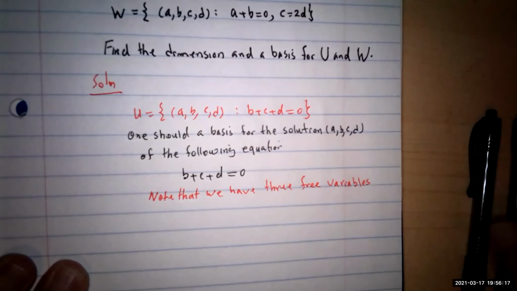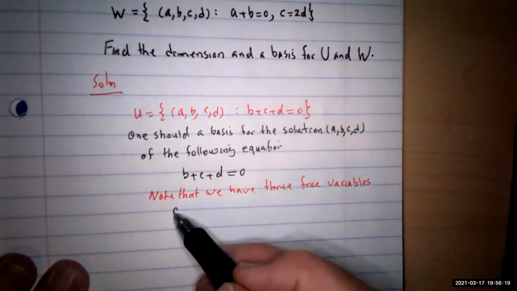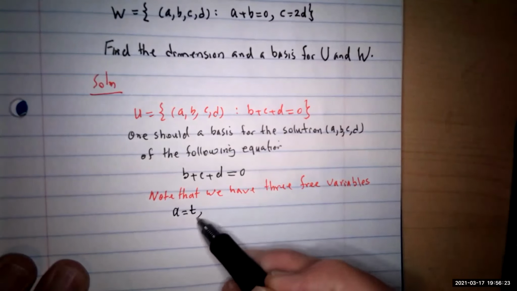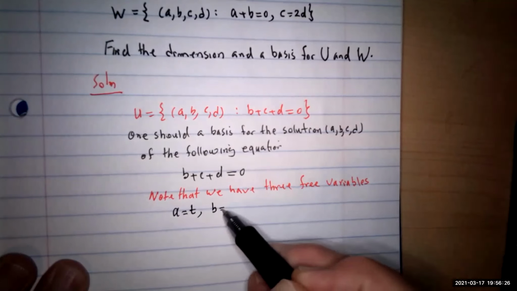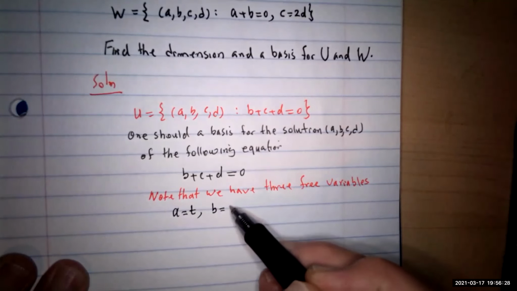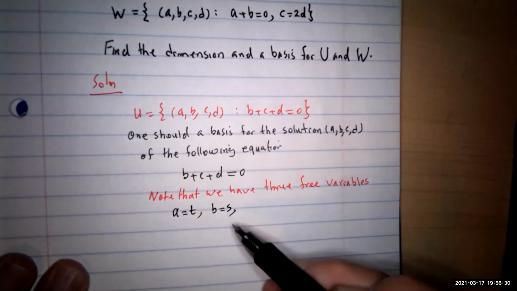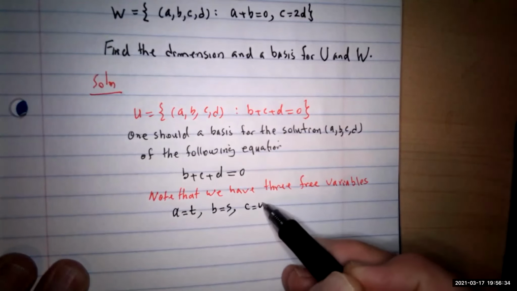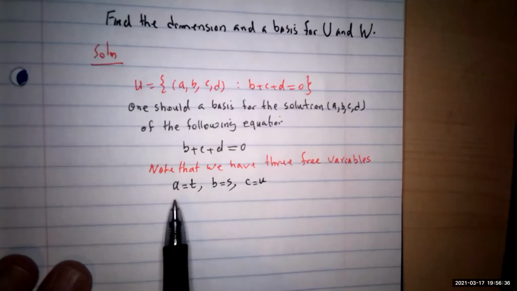For example, you can pick A to be free. Free means it can be any number; you call it T. Get B to be free, call it S. Then pick C to be free, call it U. So 1, 2, 3.